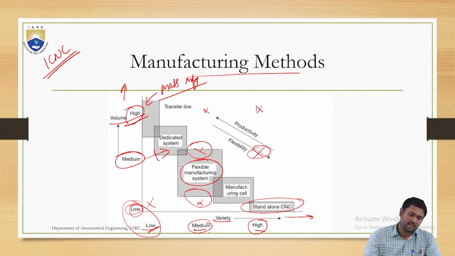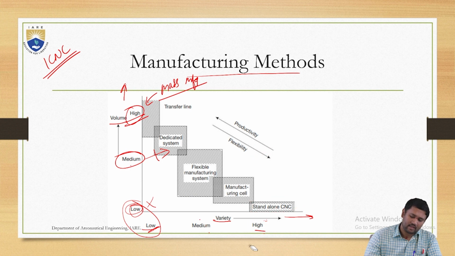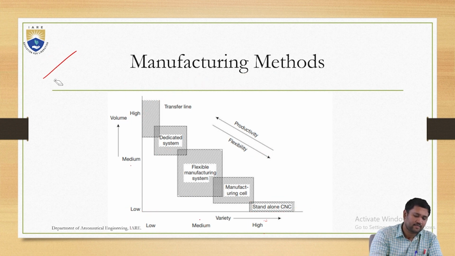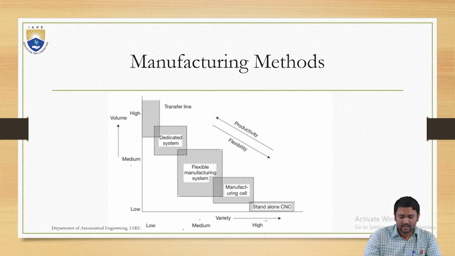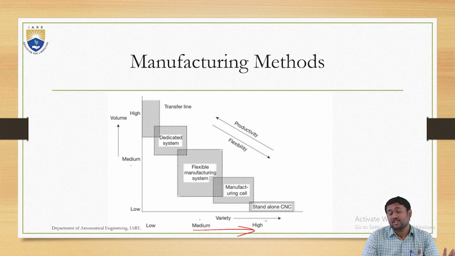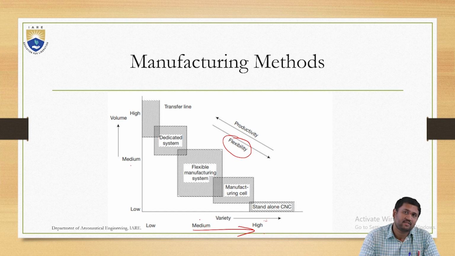Now, what we can observe basically is that as the variety increases from the consumer's point of view, he is flexible to choose from a number of varieties, whereas from the manufacturer's perspective, he is less flexible to manufacture in mass production.